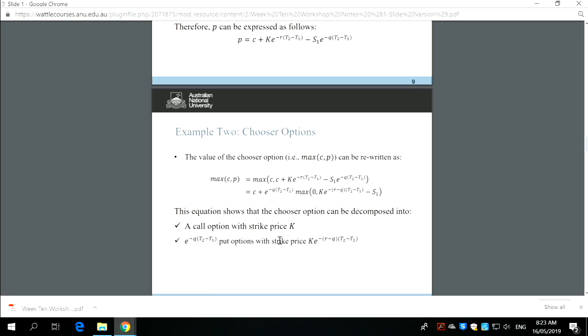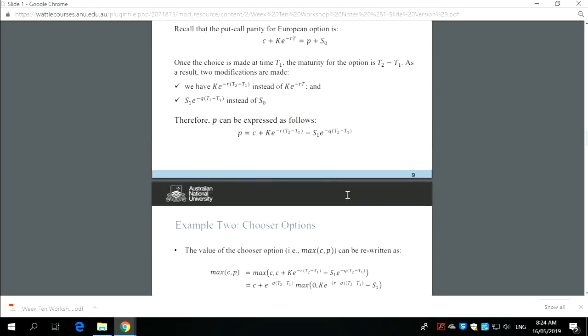The reason we can interpret it like this is because this is essentially the payoff from a put option, and that's the quantity of that put option. And then we have a call option here with a strike price of K. So in other words, the chooser option is really comprised of a call option and a certain amount of put option. Okay?